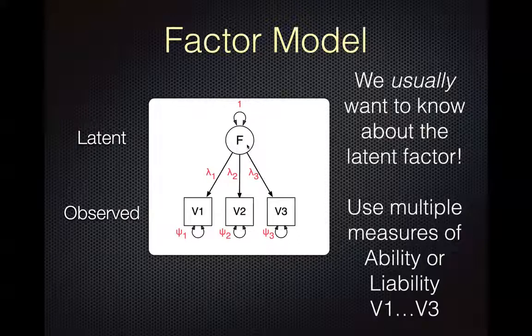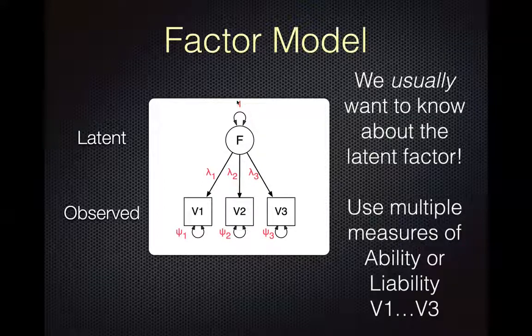Now, because the factor isn't directly measured, we can only know one thing about it. That is, we can't know its variance and its causal effect, because you could have more variance and less causal effect and get exactly the same fit.